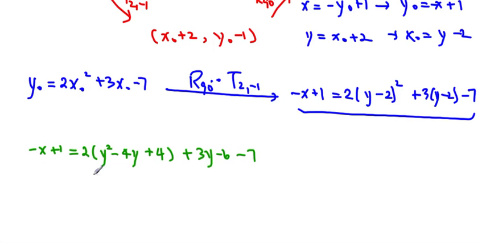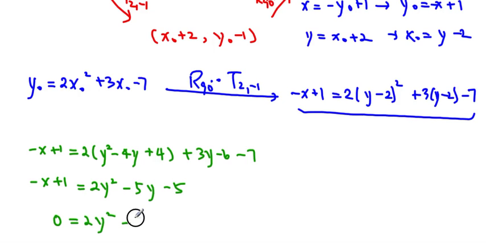Now if I had to combine this together, negative x plus 1 is equal to 2y squared, and then negative 4y plus 3y gives negative y, and positive 8 minus 6 becomes 2, minus 7 becomes negative 5. And if I have to bring everything onto one side, then this becomes 0 equals 2y squared minus y, and then here we end up getting negative 6 plus x.